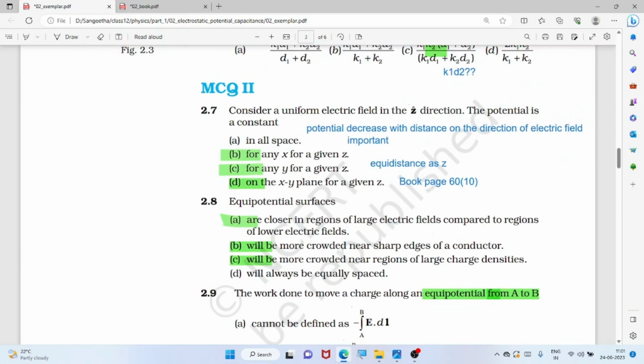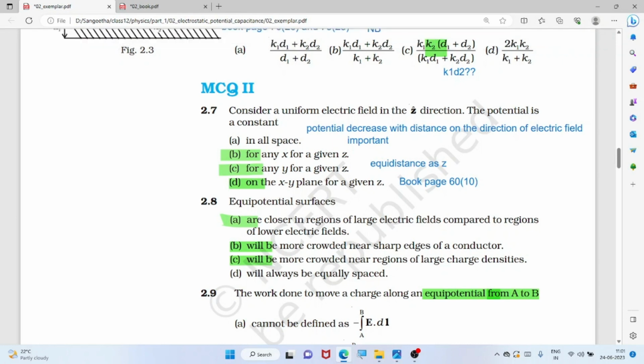Consider a uniform electric field in one direction. The potential is constant on a plane perpendicular to it, and the potential decreases along the direction of the electric field.